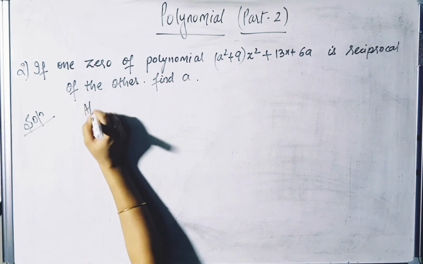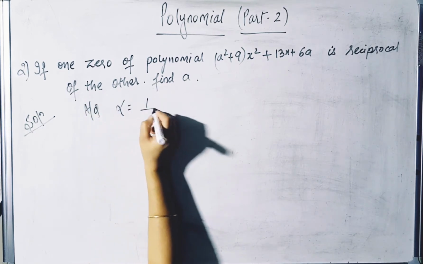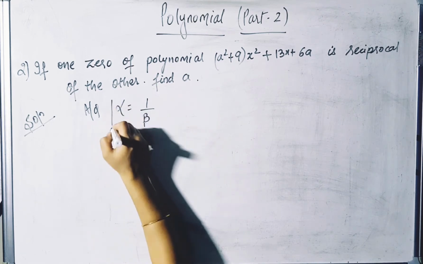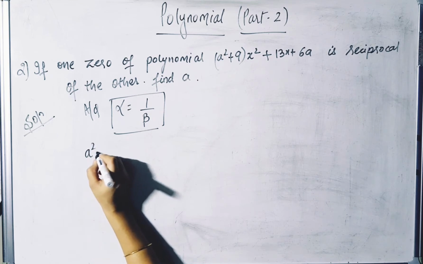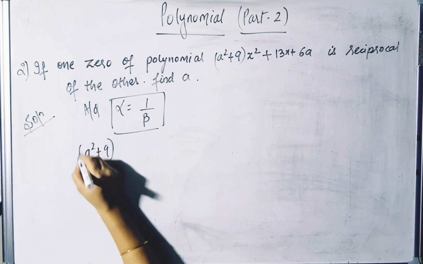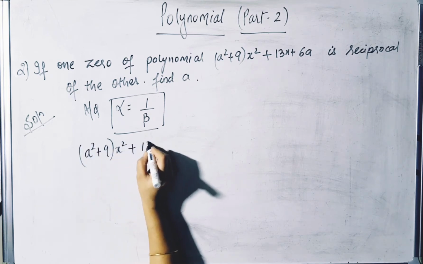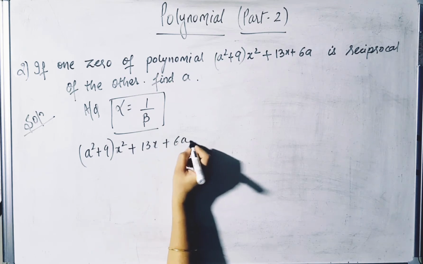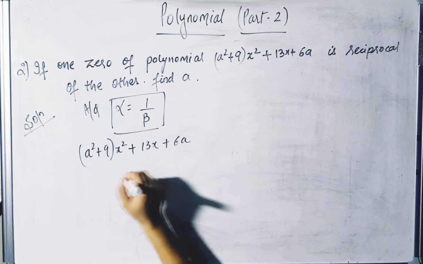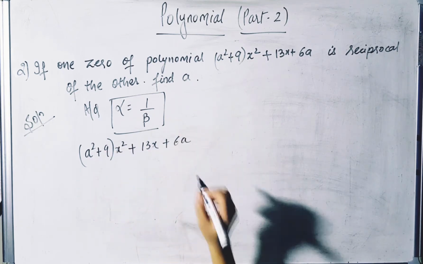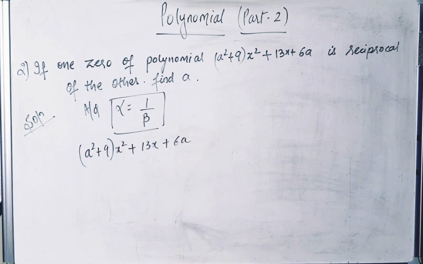So according to the question, alpha is 1 by beta. This is a condition given to us. Now according to the polynomial given in the question, (a square plus 9) x square plus 13x plus 6a, we have to find the value of a.